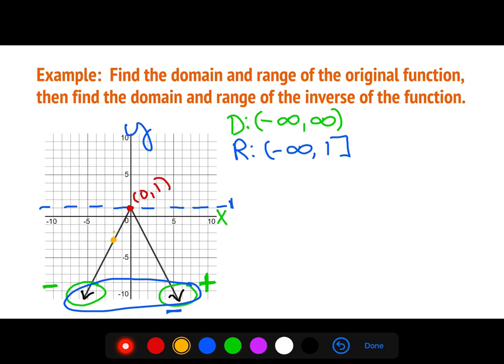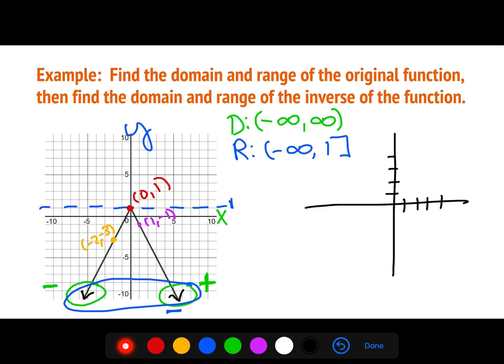It looks like it's at -2, -3. And then I'm going to choose one over here. This looks like it's at 1, -1. So I just chose 3 points.